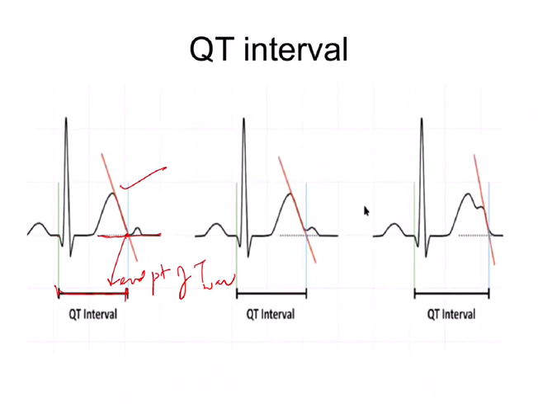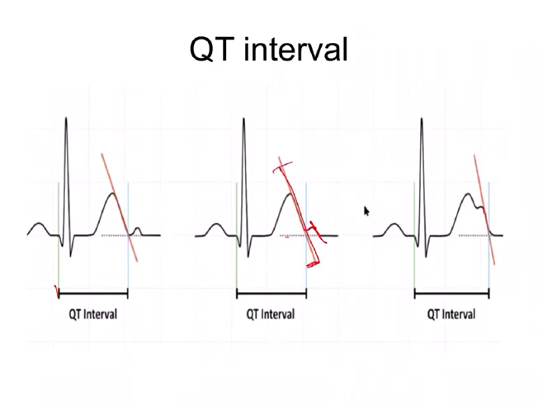Similarly, if there is some condition where we find ST elevation, like we see here, with another wave, we have to take the tangent from this point, not from these. We took a tangent here because the other wave was very close to the baseline; had it been there, we could not have made out the QT interval.